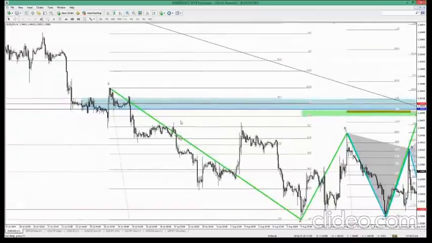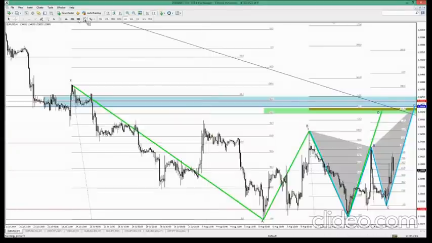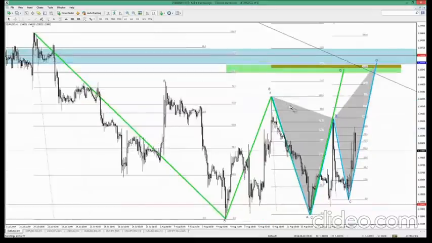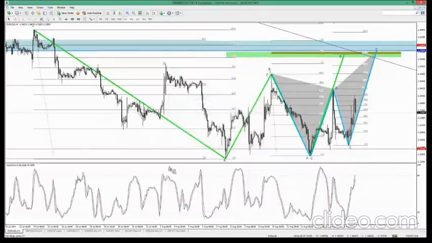So have a look at some of the other ones. Let's just look at, remember we had a few setups here. We had one here with a bat that's set up around this area, and then there was another one that's set up over here. So if we then add in our stochastics, let's just check this out.